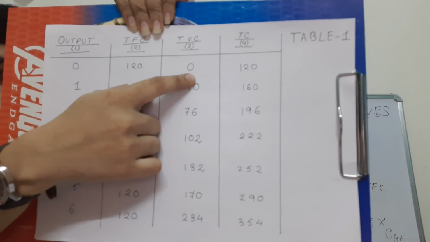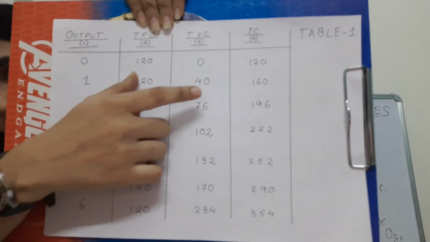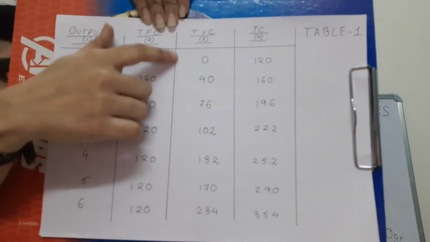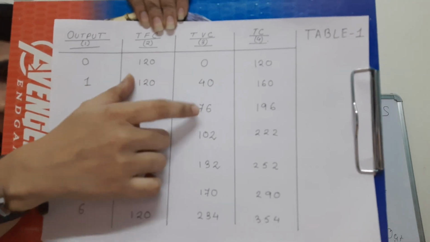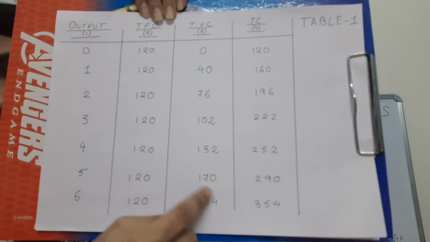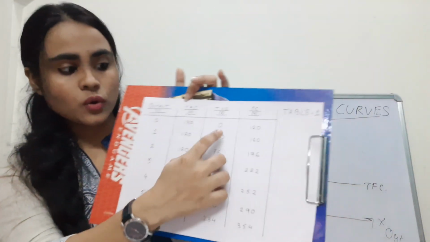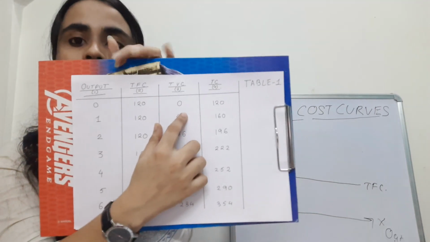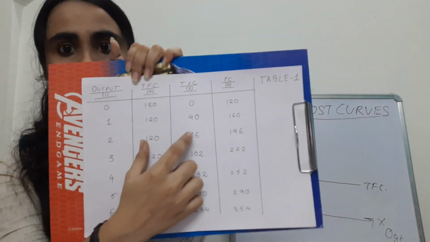This is the 0. Next, they have given these values, which keep increasing, like 40, 76, 102 for the third unit, 132, 170 and 342. So when 0 units, the total cost is 0 and 40.